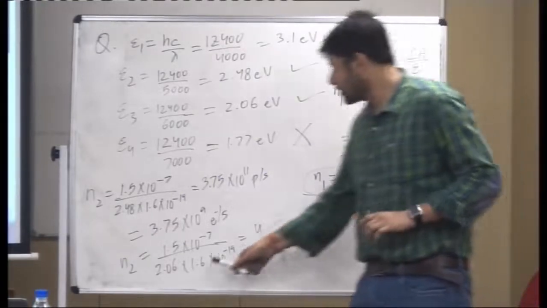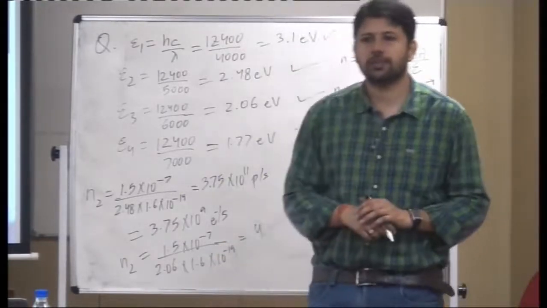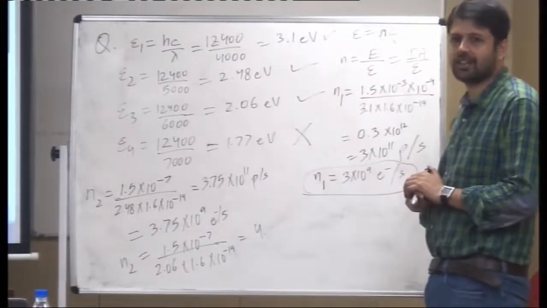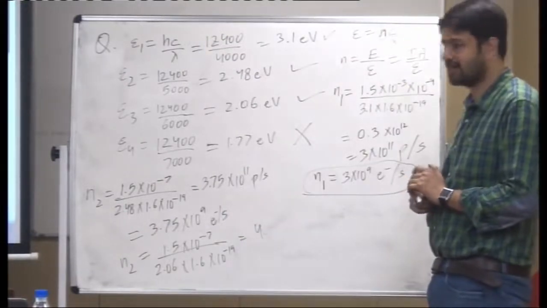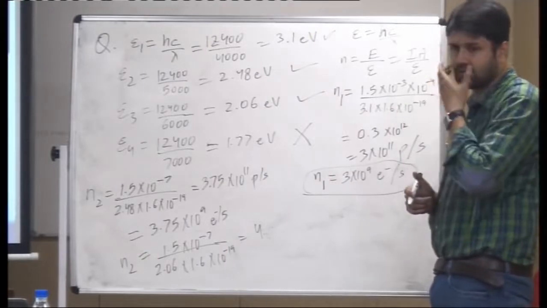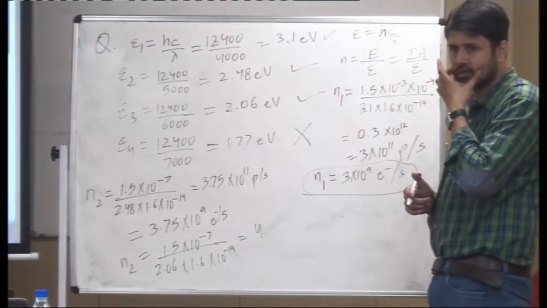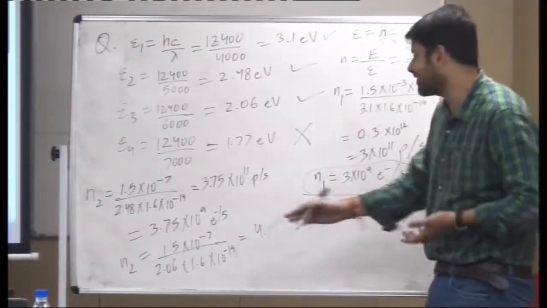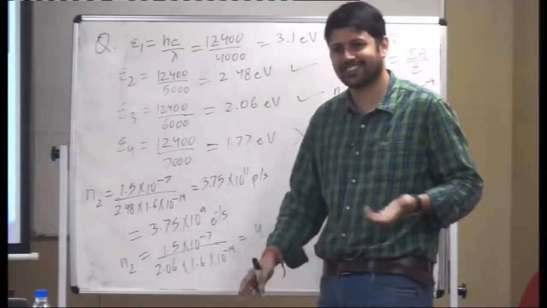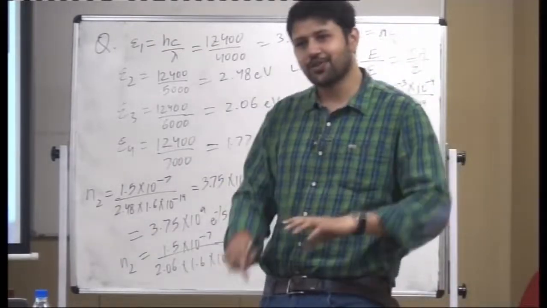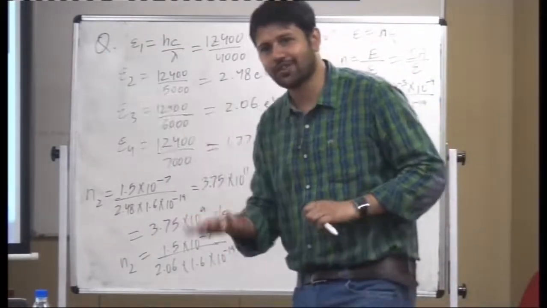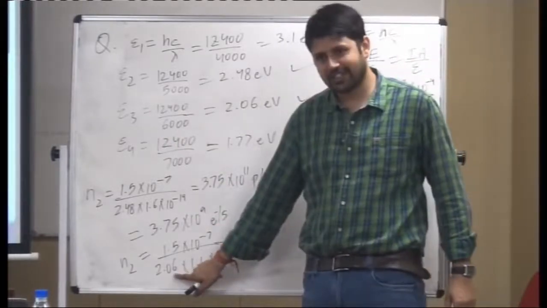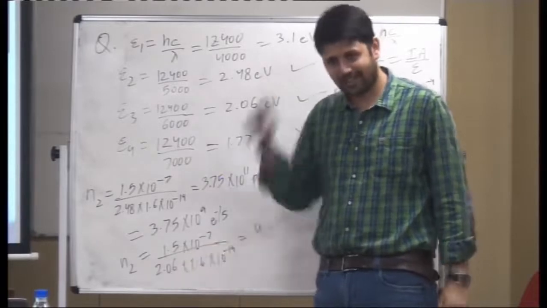The denominator would be somewhere around 3.2. So 1.5 by 3.2. Okay, it would be slightly lesser than 5. This is too much approximation. Taking 1.5 as 2 is a huge amount of approximation. Some is fine. I am ignoring this 6 only, the rest I am calculating here in my mind.